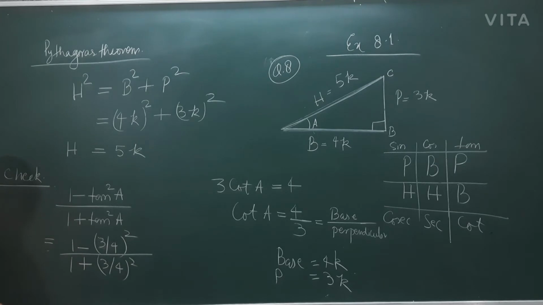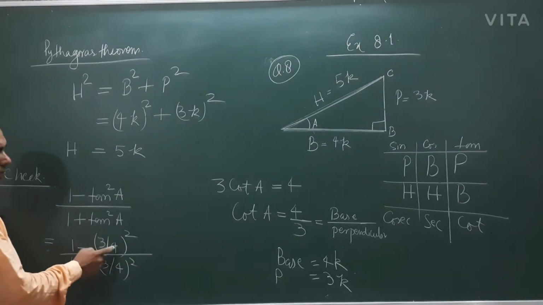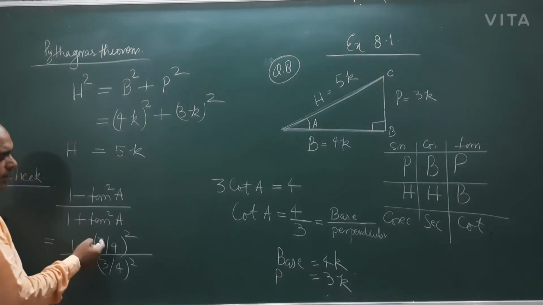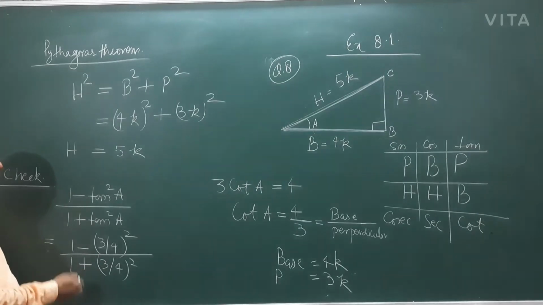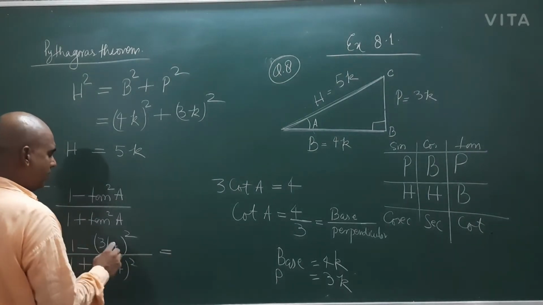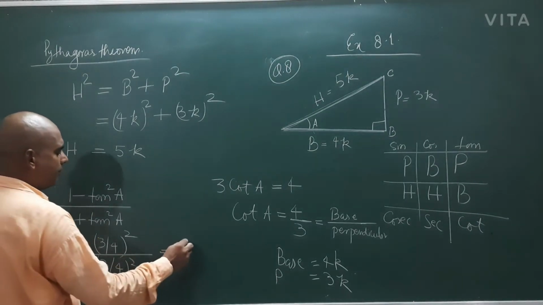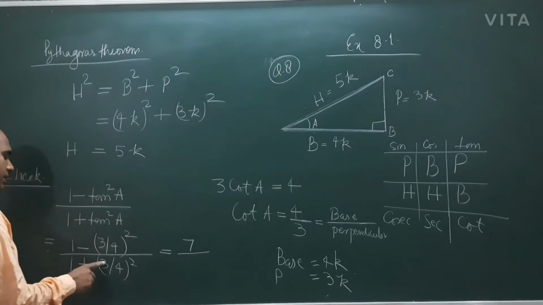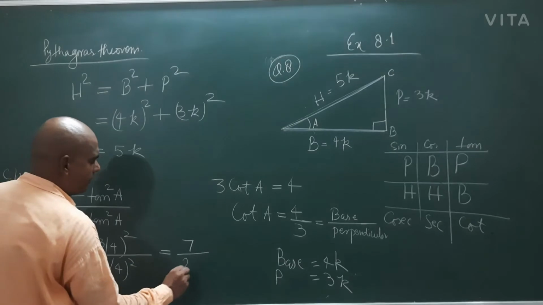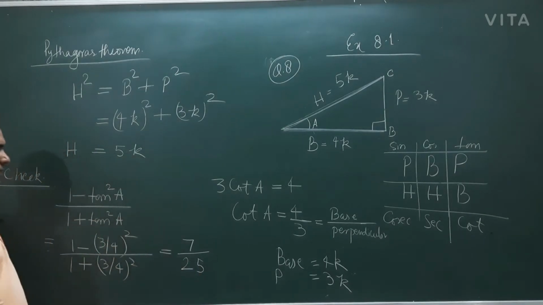You solve: 1 minus 9 upon 16 is 16 minus 9, 7 upon 16, and 1 plus 9 upon 16 is 16 plus 9, 25 upon 16. So the value is 7 upon 25.